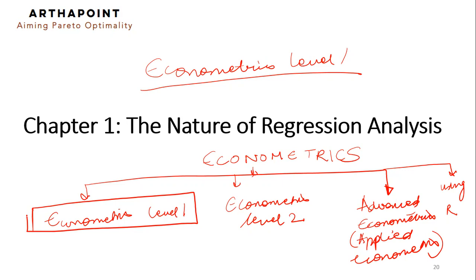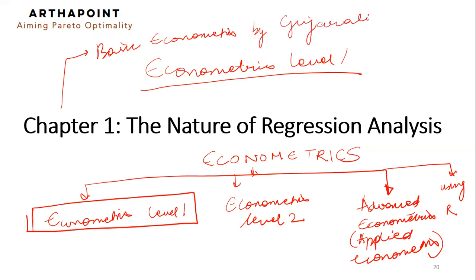So this is a book of Gujarati, which is Basic Econometrics. And I'll also give you the link of this book by Gujarati and Porter. So this is the book which you can go ahead and refer to.